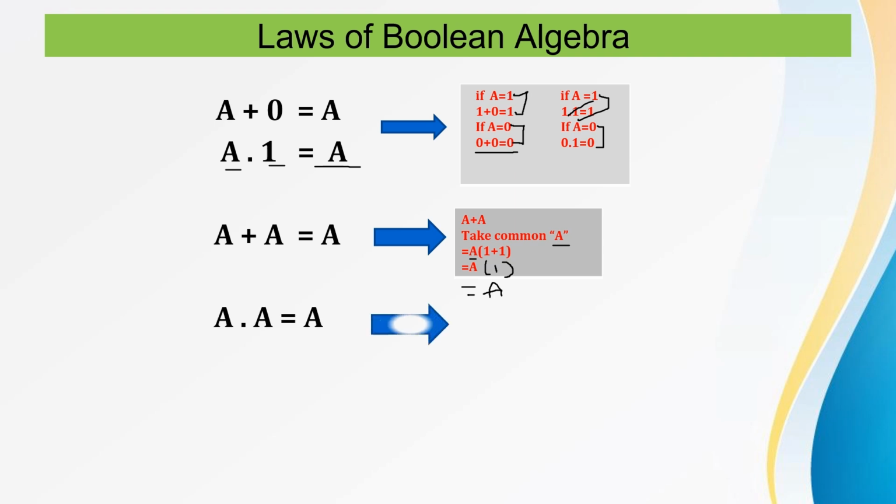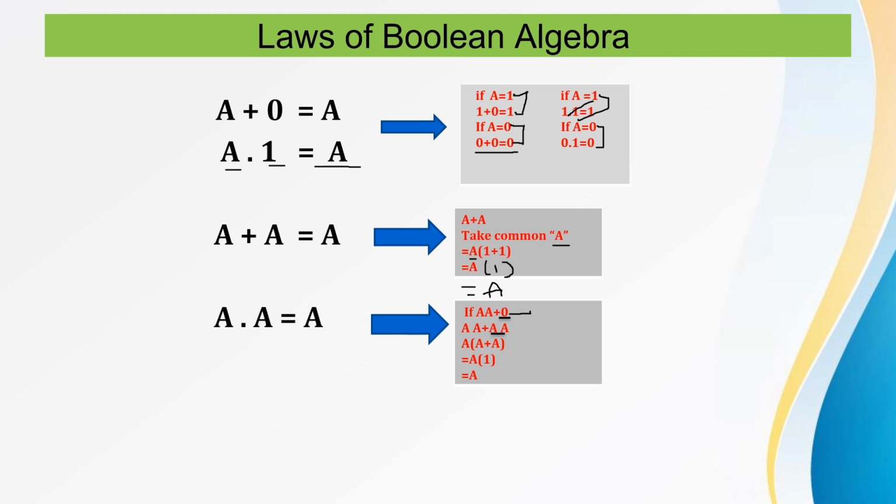The next law is a dot a bar. In this law, let's consider adding 0 to the LHS. Is anything changing in the expression? No, nothing is changing when we add a 0.